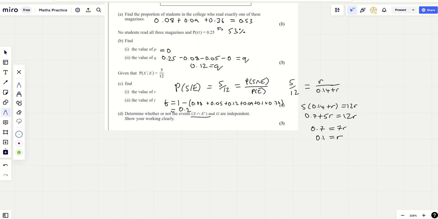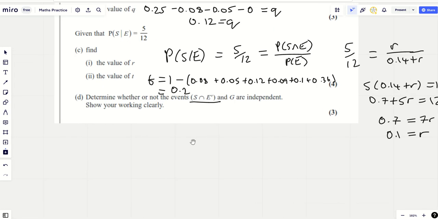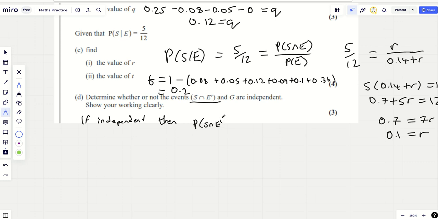I've made it slightly more complicated by not just having one single event, but saying S and not E. So if they're independent, then the probability of S and not E times the probability of G equals the probability of S and not E and G. Statements like this you don't need a bracket around. You can just link them because it's an extra condition essentially. The brackets don't make any difference.